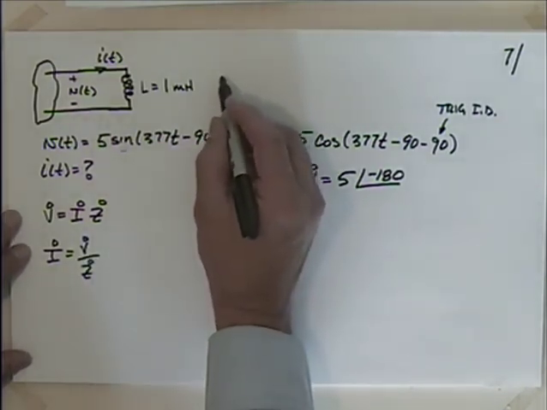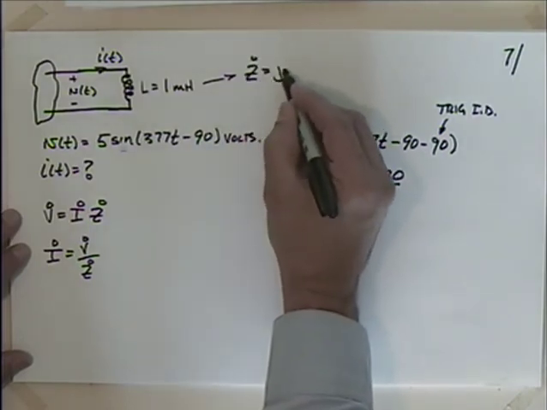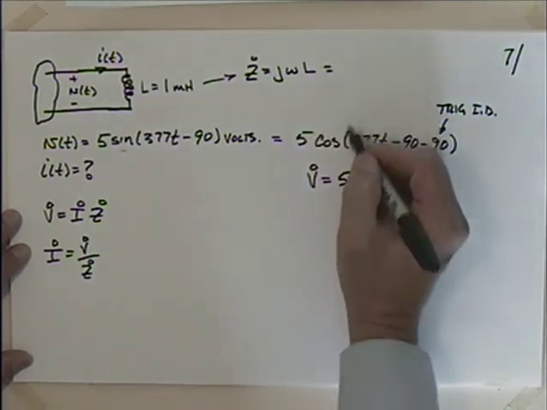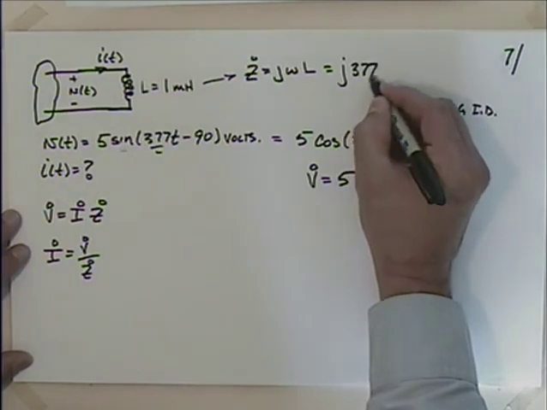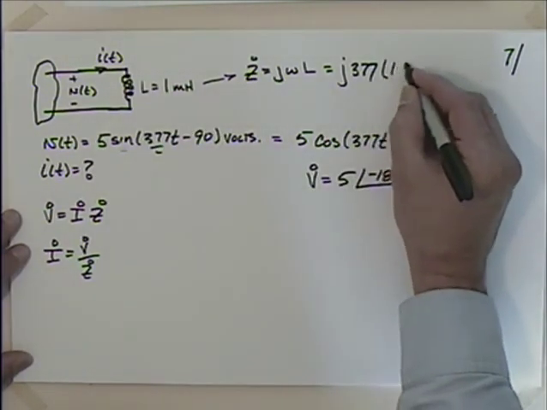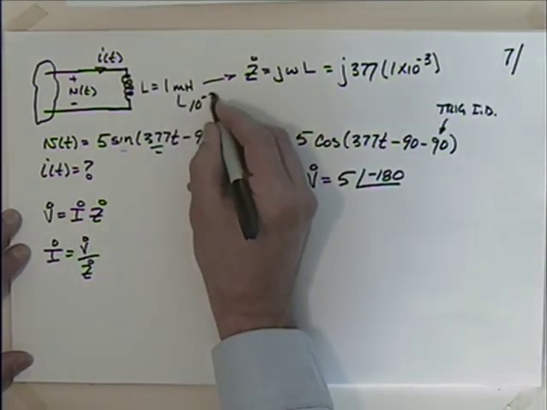Well, what's Z? For this thing Z has to be equal to j omega L, which is going to be equal to what? j, what's omega? Right there, 377, times L, 1 millihenry, 1 times 10 to the minus 3, right? That's where that comes from.